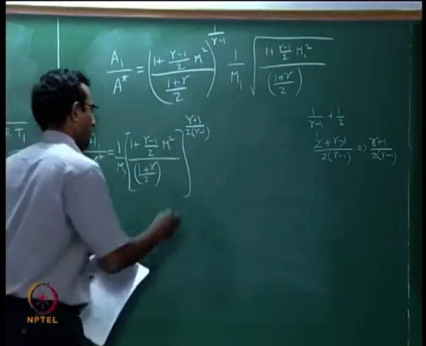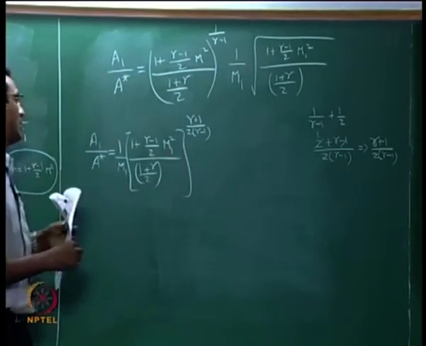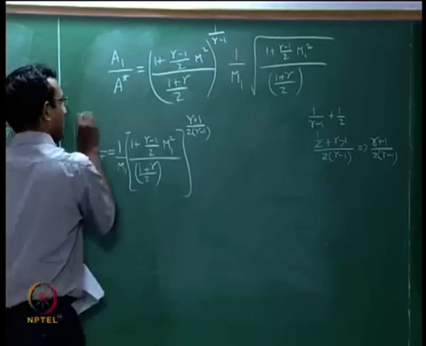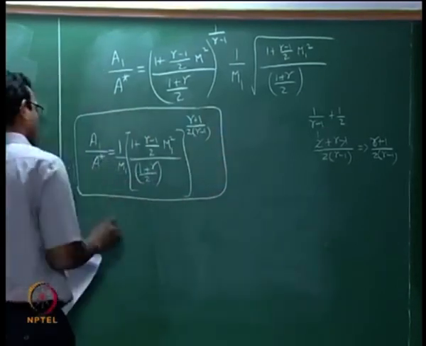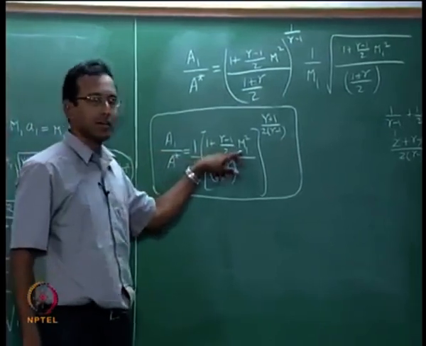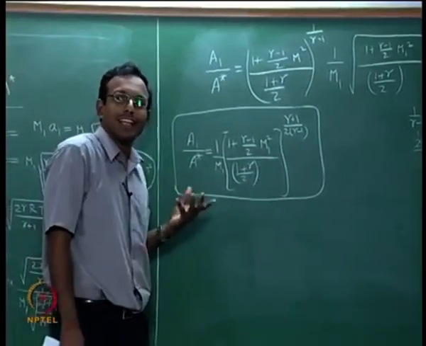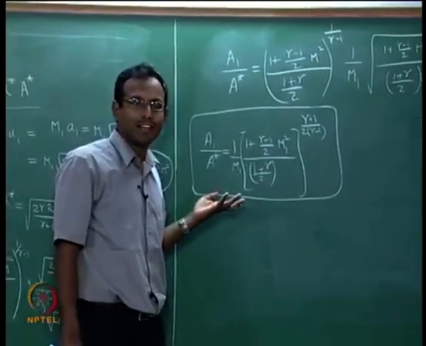Now I will have to put m1 square here. Now I have an expression where area is a function of Mach number. This is not an ideal expression for us, but this is the only thing we can get right now.